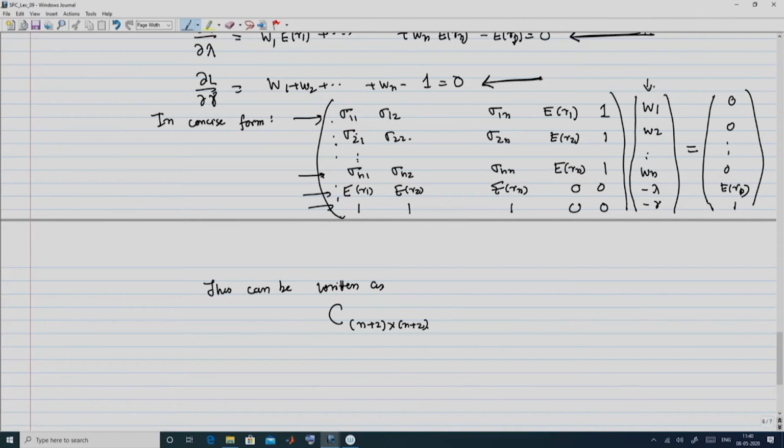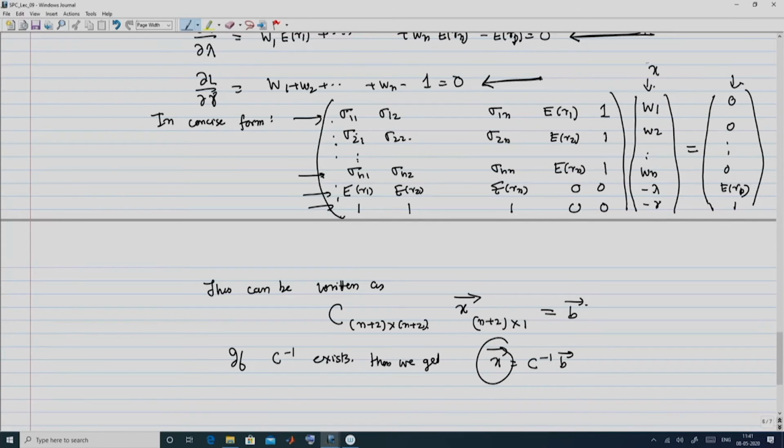And this vector here, let me call this x, the unknown vector, which is of size n+2 rows and 1 column, and this is going to be equal to the vector B. So, if C inverse exists, then we get vector x is equal to C inverse times vector B. And what is vector x?